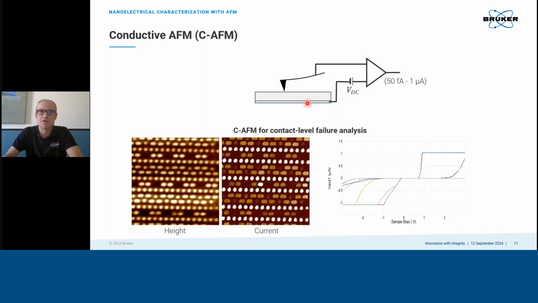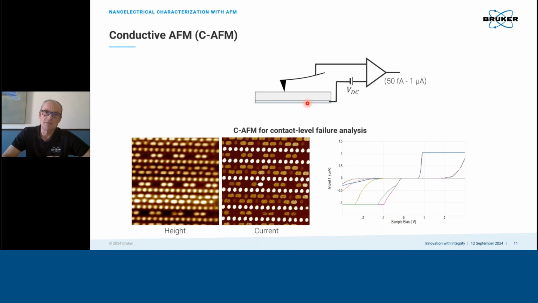So, conductivity first. Conductivity is probably still the most used electrical method in AFM of all the ones that are listed in the table. The principle is pretty simple. We put the tip in contact with the sample, either continuously or intermittently during the PeakForce cycle.